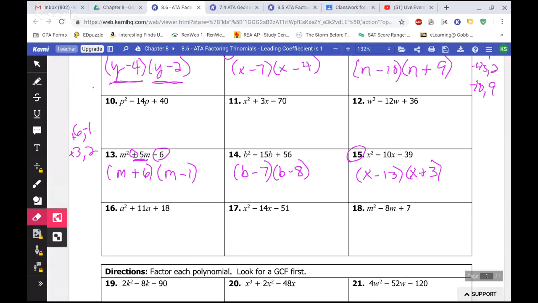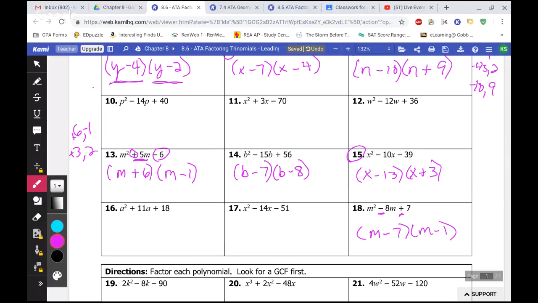When this symbol here is positive and this is negative, then both have to be negative. Because a negative times a negative gives me a positive. But when I combine two negatives, I get deeper in the hole.